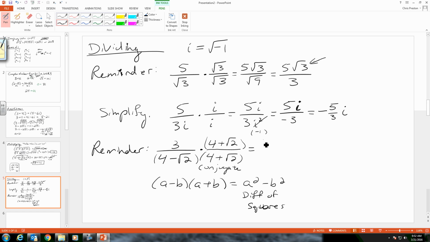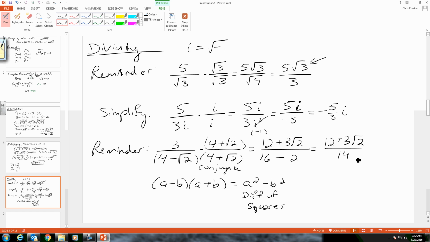Let's see, distribute. That's 12 plus 3√2. Multiply out. Again, this is going to be the difference of squares, so it's going to be 16 minus the square root of 4, which is 2. So 12 plus 3√2 over 14.